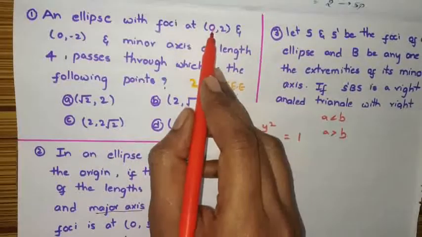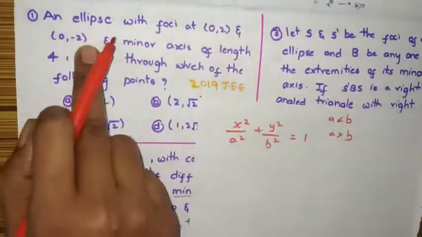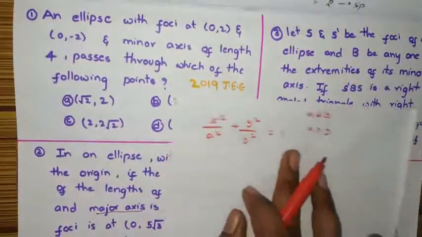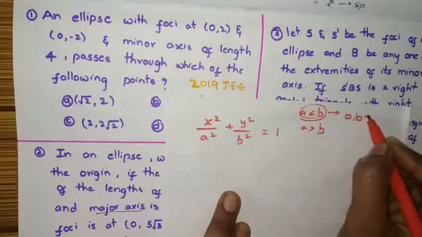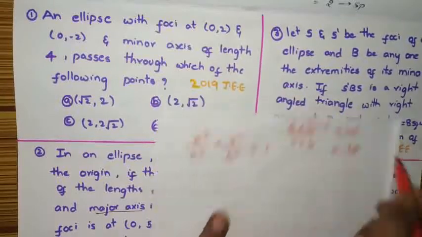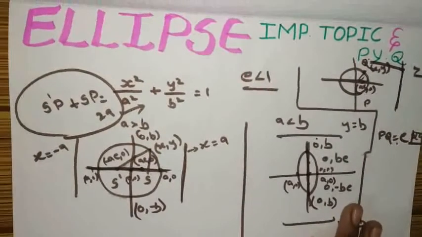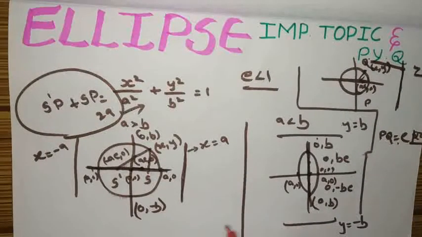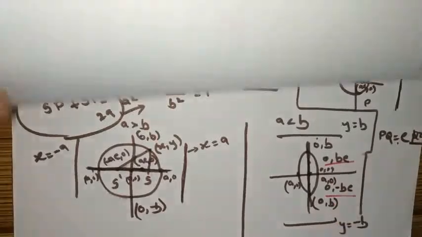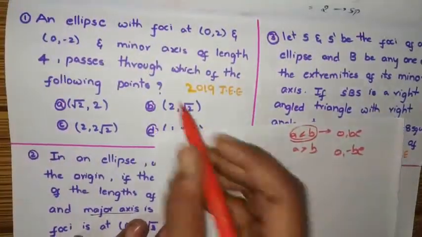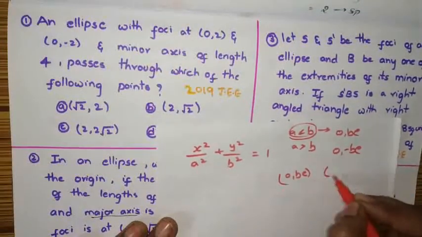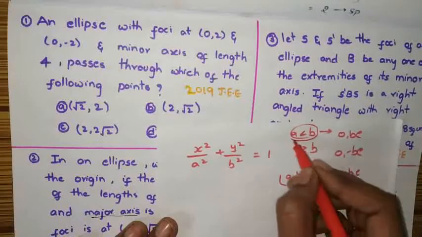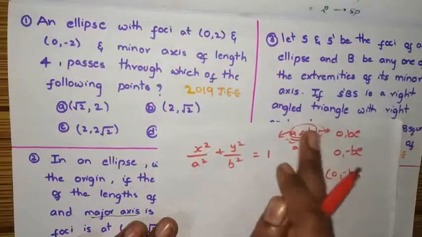See, the foci are (0, 2) and (0, minus 2). So for a less than b, the foci will be (0, be) and (0, minus be). See, here I discussed (0, be), (0, minus be). So here the foci are given like (0, be) and (0, minus be), so we can say that this is the equation of the ellipse where a is less than b.